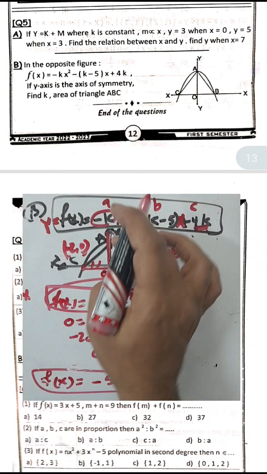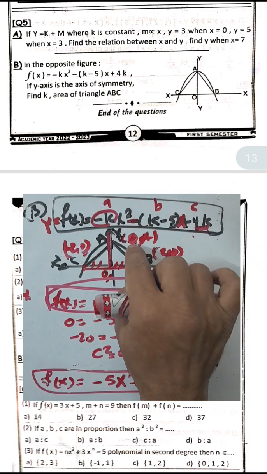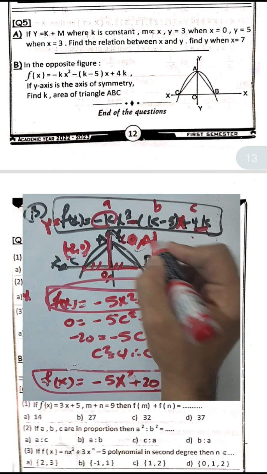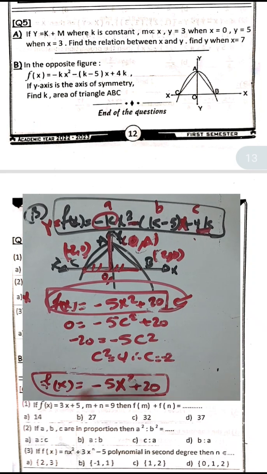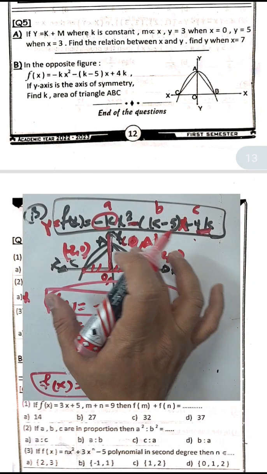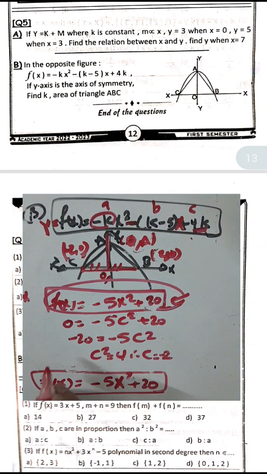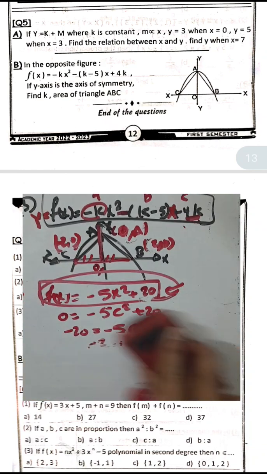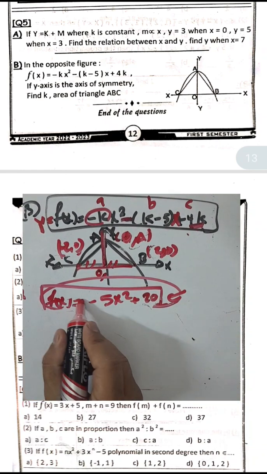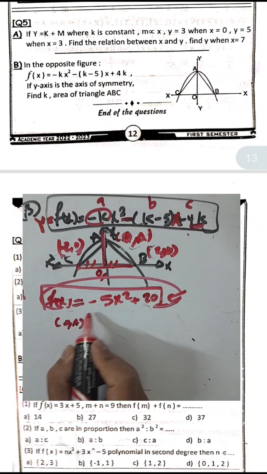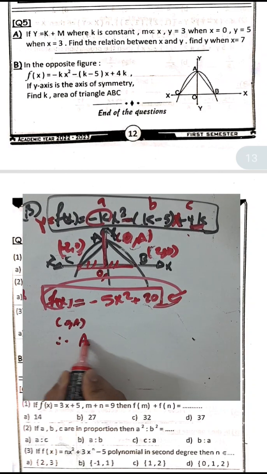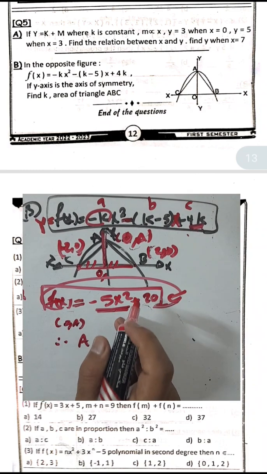To find this point, what is it equal to? Put (0, a), which satisfies this function. Put x equals 0 and y equals a. From this function, (0, a) satisfies this equation. Then y will be equal to a and x equals 0.